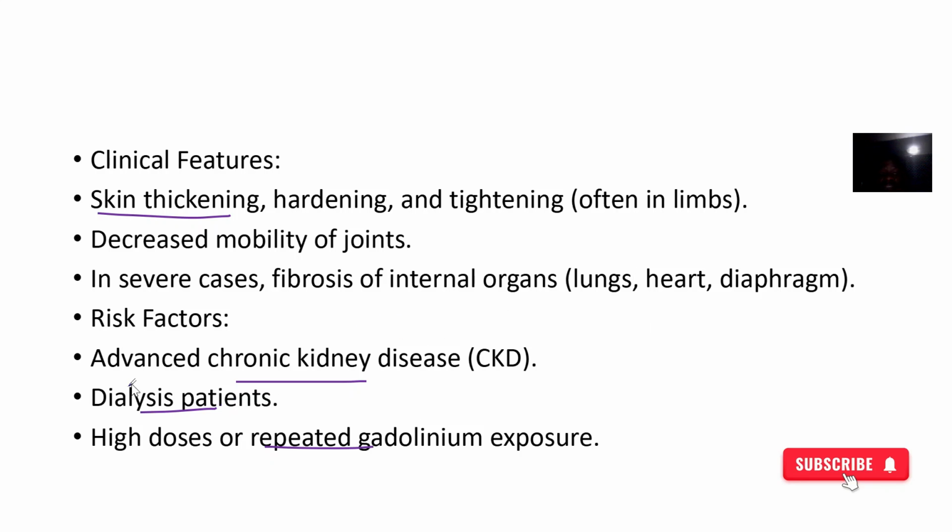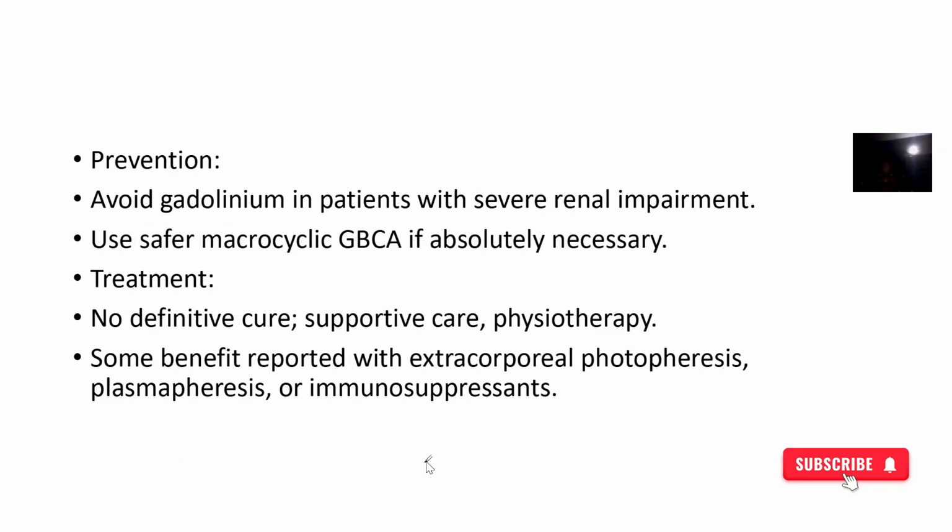If the person has chronic kidney disease and has been undergoing dialysis, that tells you the person's kidney is already not strong. Maybe you have been exposed to gadolinium for a very long time, okay? Repeated episodes of exposure.